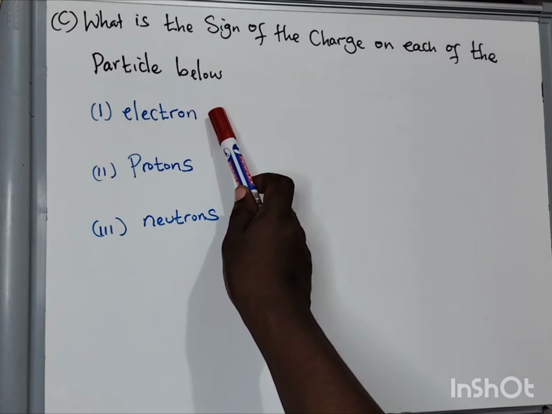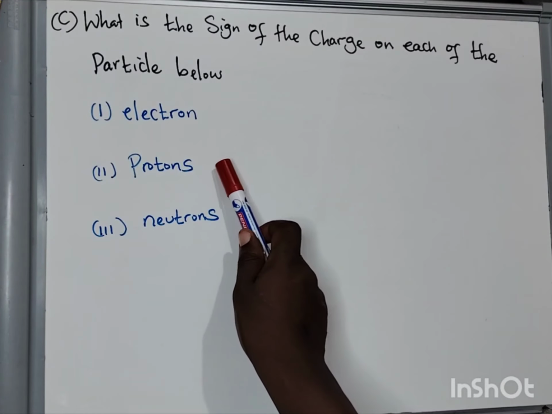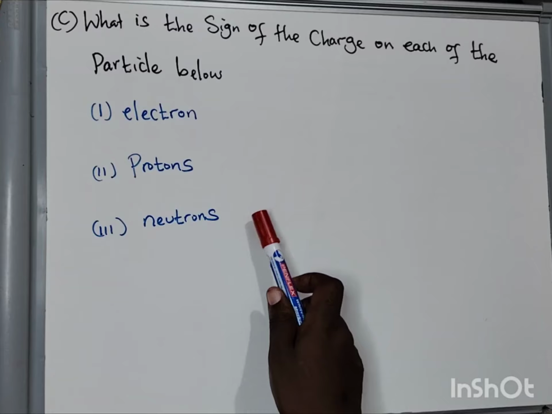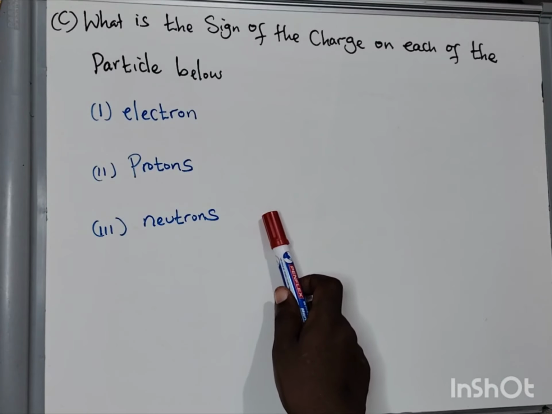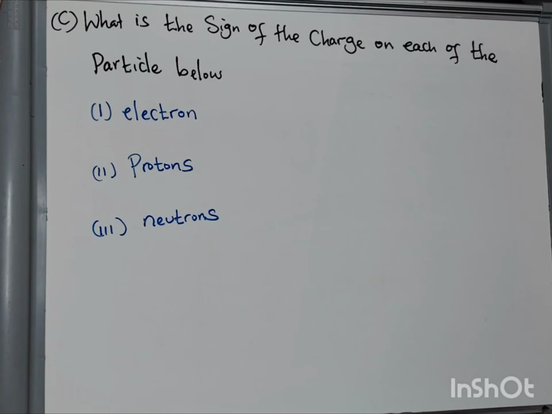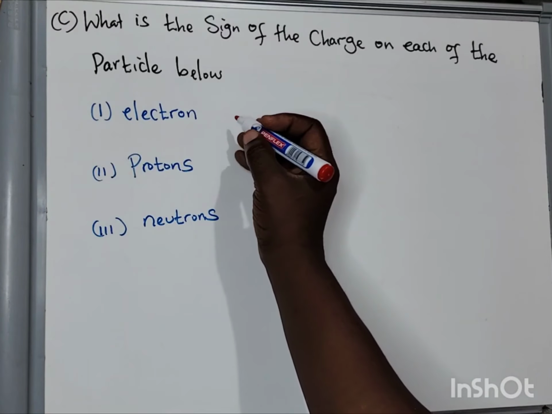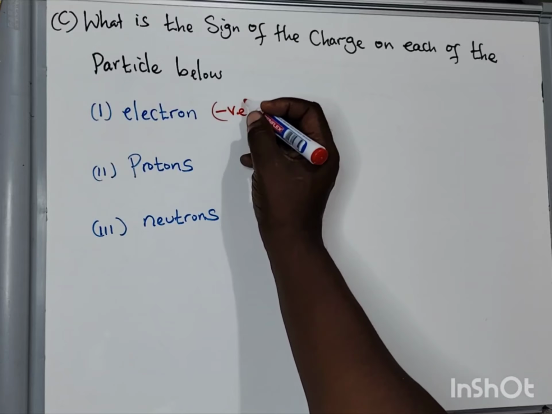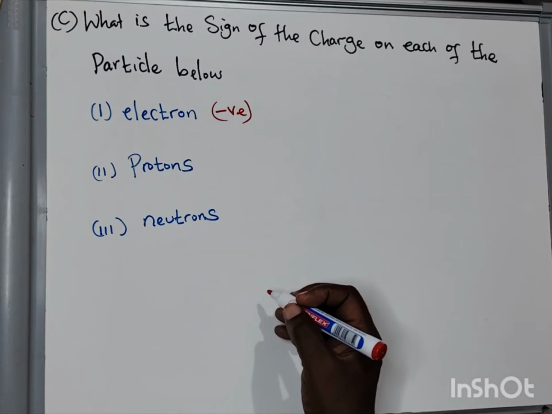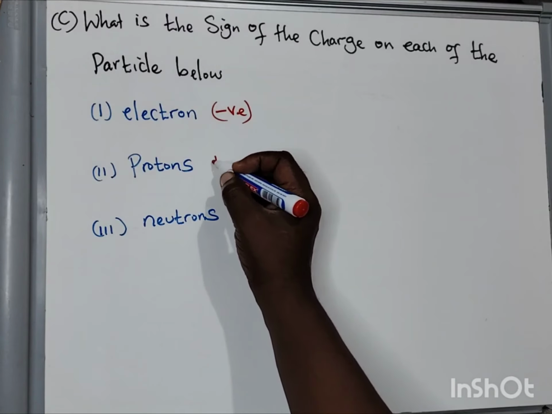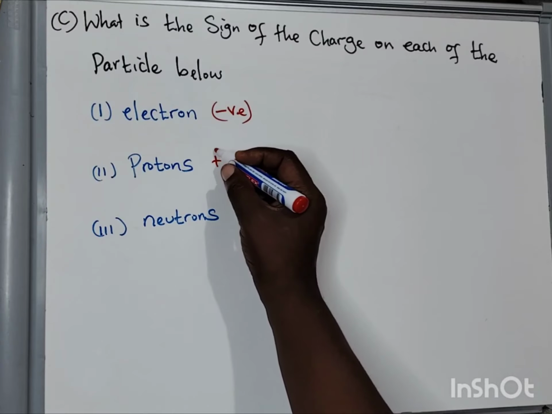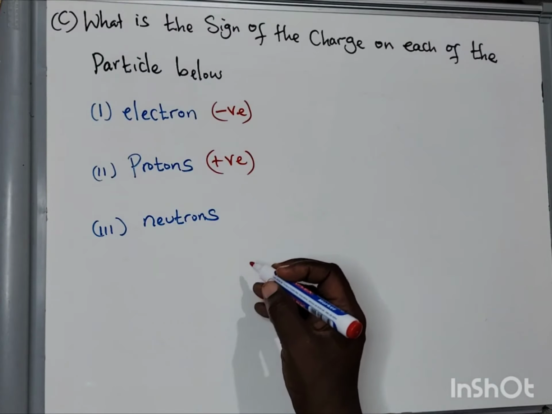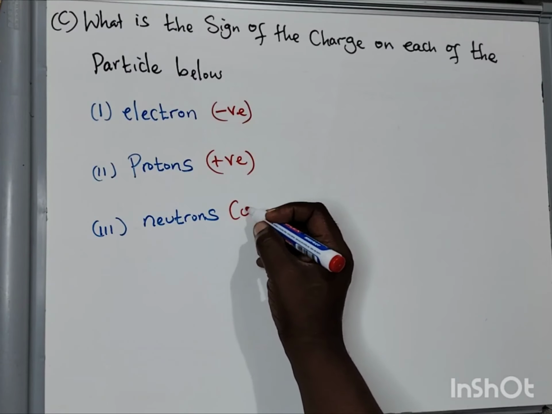Inside we have electrons, we have protons, and we have neutrons. But what are the signs of their charge? This is what you have to know. Electrons are negatively charged. Protons are positively charged. And neutrons have no charge.